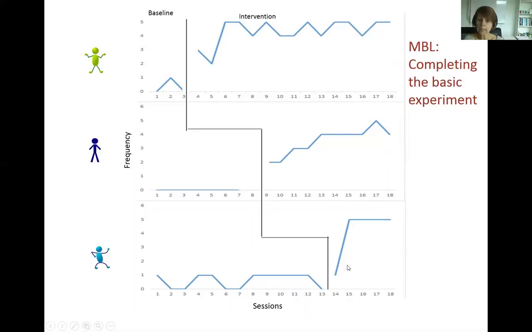You can see and be fairly convinced that it's not just general maturation or other things going on, and there could be lots of different things going on in these children's lives, but it's the intervention that's having the effect, because maturation has had a chance to have its effect if it's going to. So this is a very useful design in order to demonstrate learning.